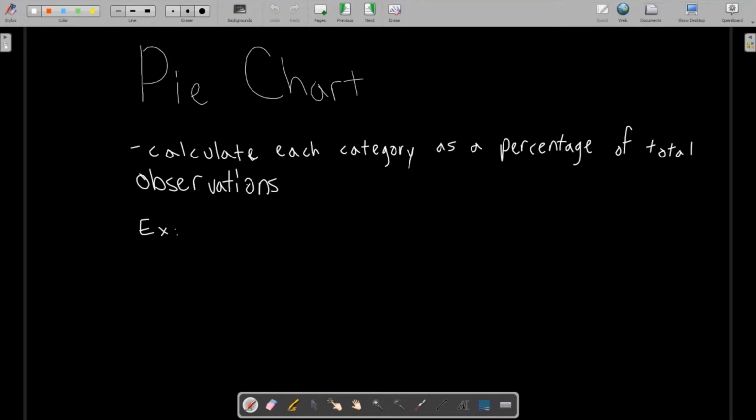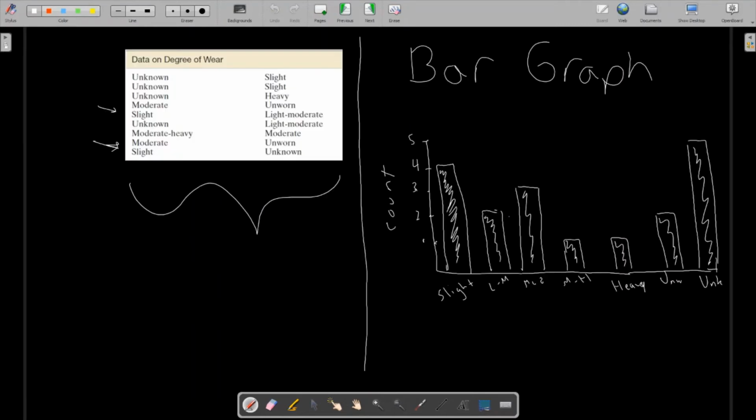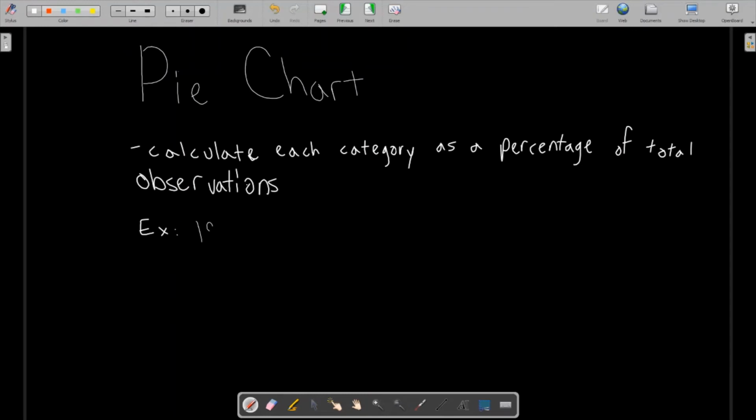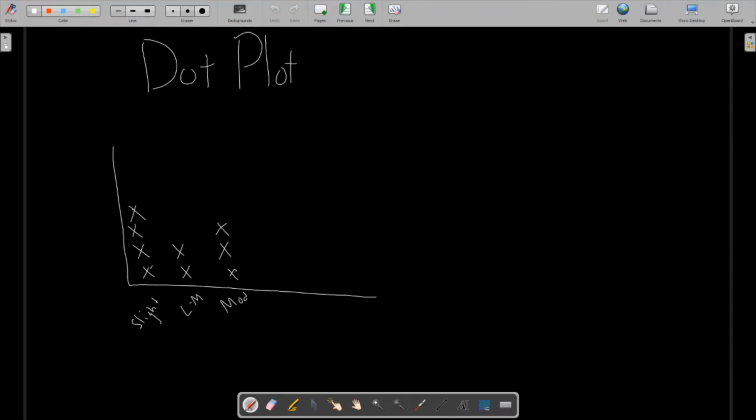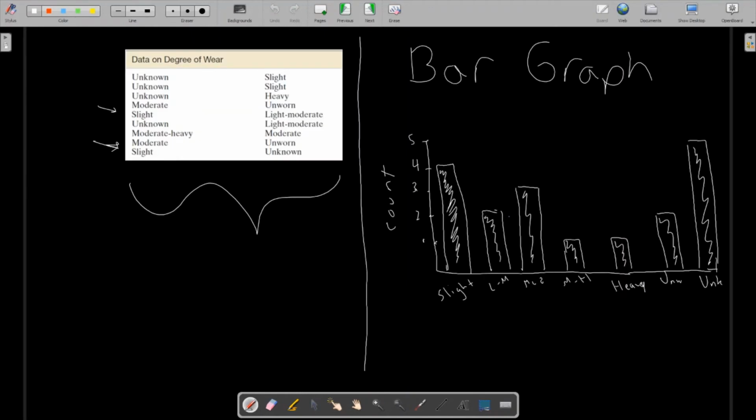And in order to make one, we'll have to calculate each category as a percentage of the total. So for instance, with our data set here, we saw that there were 18 total observations. And for slightly worn books, we had a count of 4.